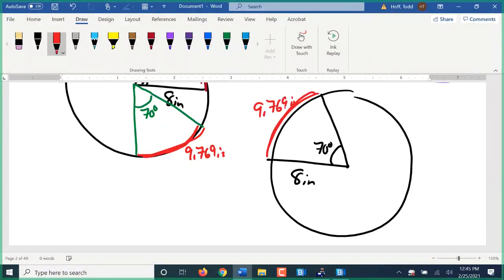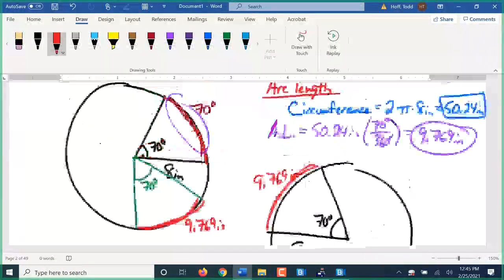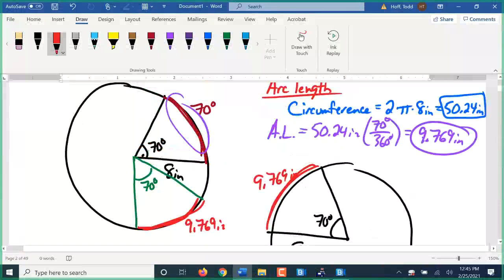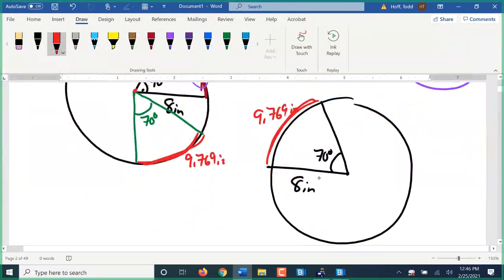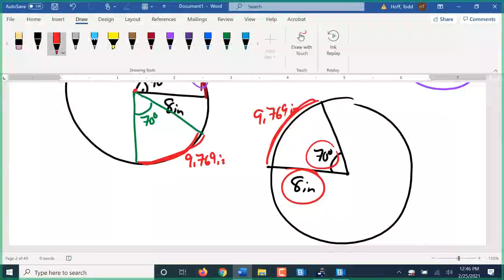No matter where we put the 70-degree central angle on that circle, it is going to cut an arc the same length. And if we have another circle with the same radius, again, that same central angle is going to cut an arc the same length. Now, it seems silly to point this out, but we can use this to our advantage.